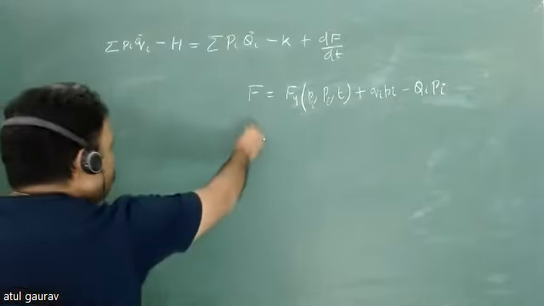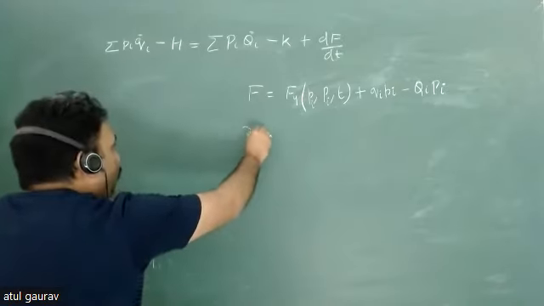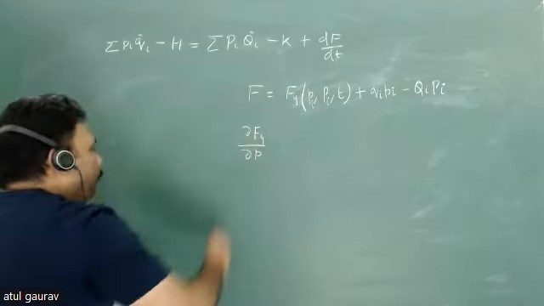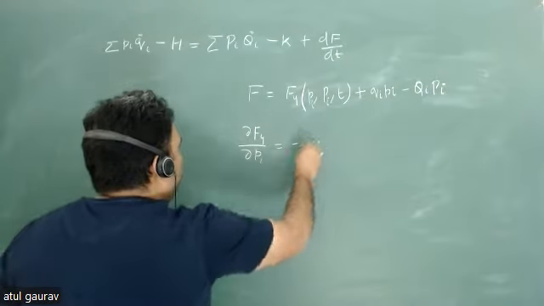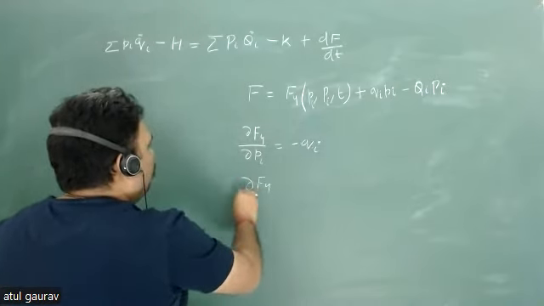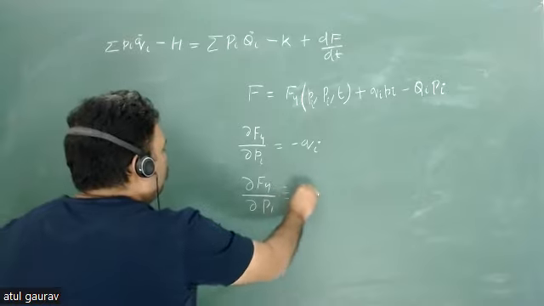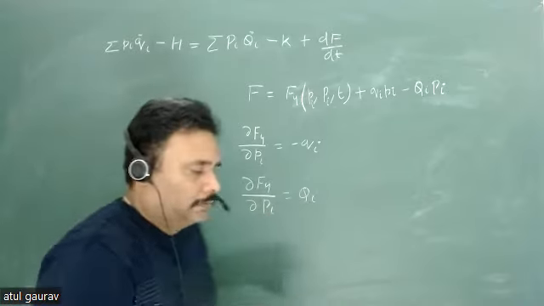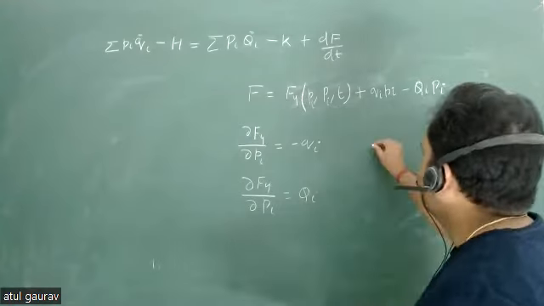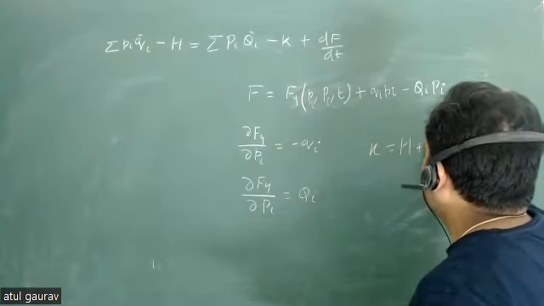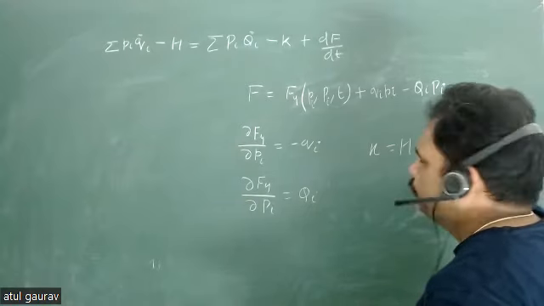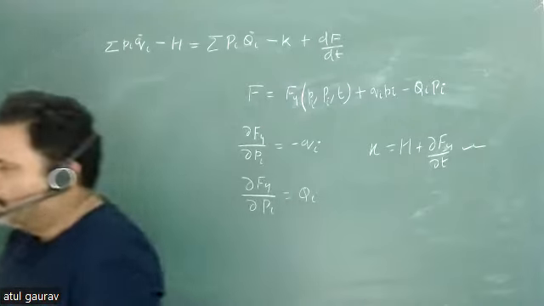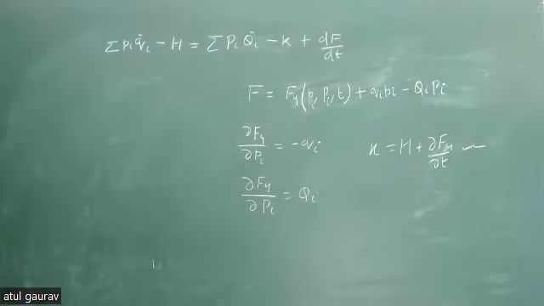I think you will get del F4 upon del small p equal to minus Qi, and del F4 upon del capital Pi is equal to capital Qi, and finally you will get K is nothing but H plus del F4 upon del T. Are you people happy? Yes, sir. Okay. So you can just use this thing.